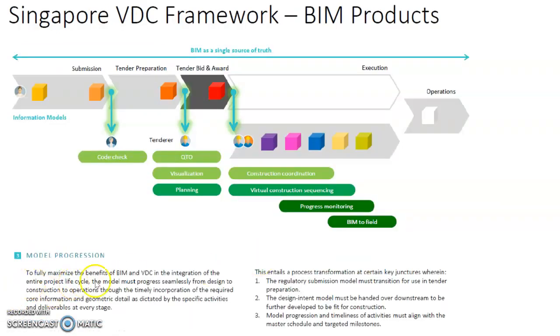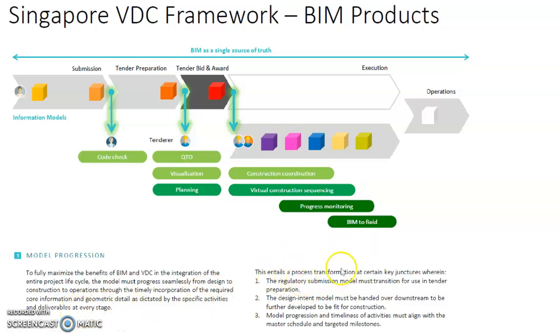So to fully maximize the benefit of BIM and VDC in the integration of the entire project lifecycle, the model must progress seamlessly through different phases, from design to construction to operation, through timely incorporation of the required information and geometric detail as dictated by the specific activities and deliverables at every stage.